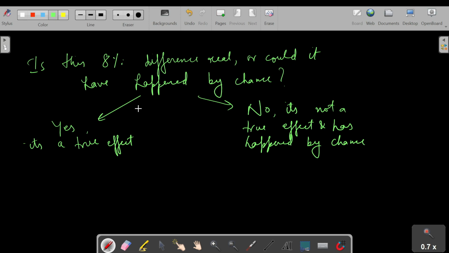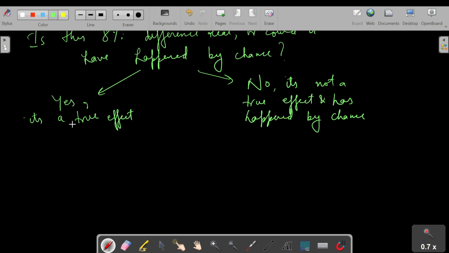If the answer is yes, then it's a true effect. And if the answer is no, then it's not a true effect and it has happened by chance. Now, if it is a true effect, then the results are concerning, and we should be concerned because our treatment group is not performing better than the control group.